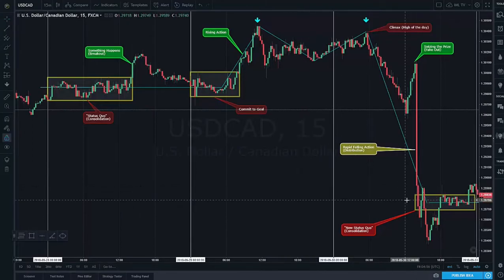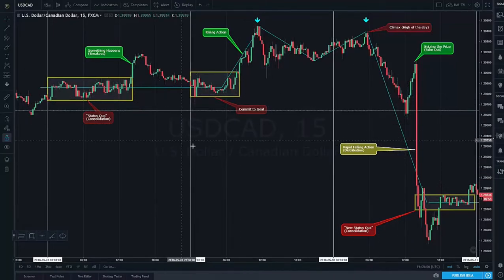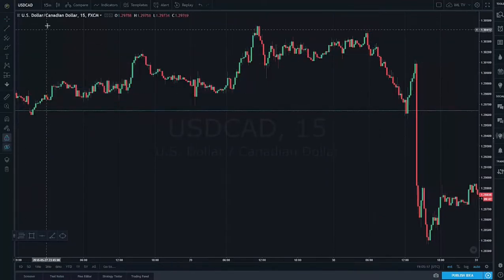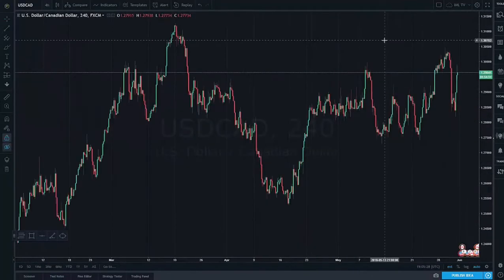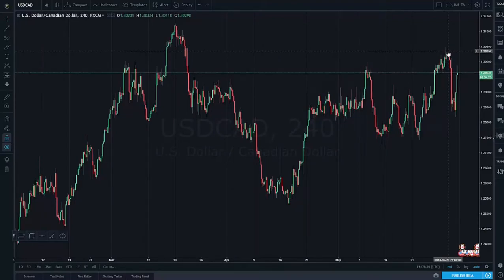And so once a new status quo is created, that's when we can transition into the next phase of the movement. And what's fascinating with this story and how it plays out, when we think about where price goes, whether we're looking at the micro or the macro on some of the larger time frames, it's very clear that price will experience significant reactions when there is an imbalance of supply or demand for a particular asset.